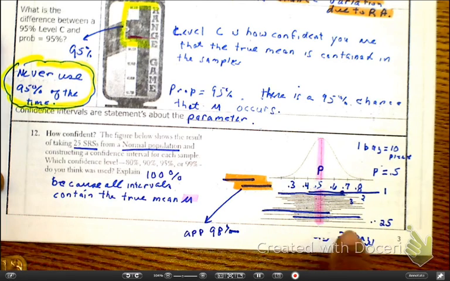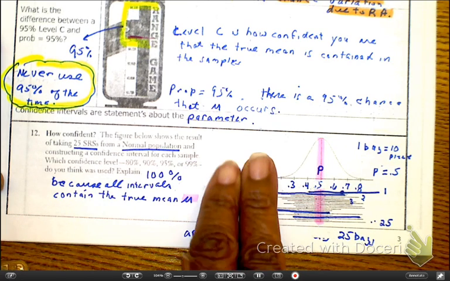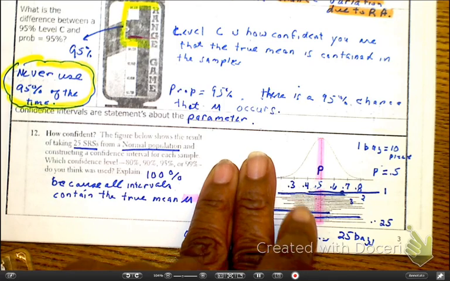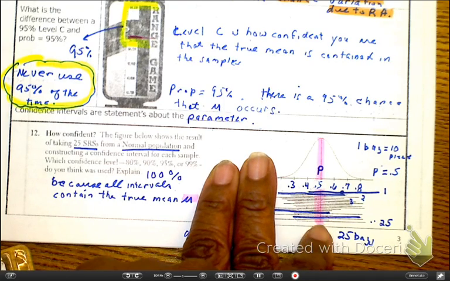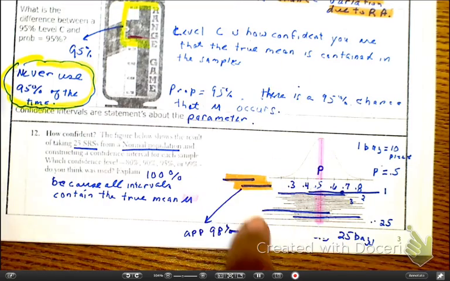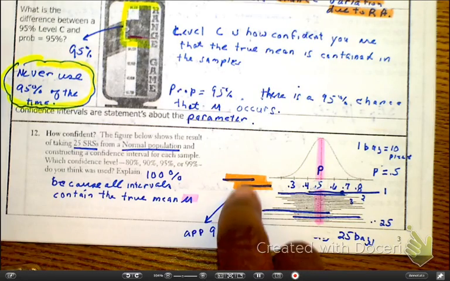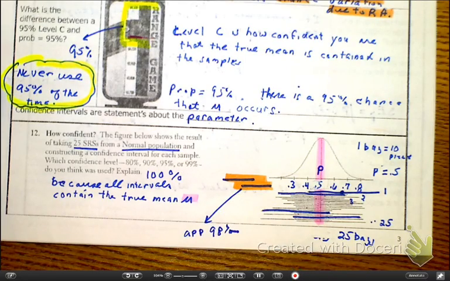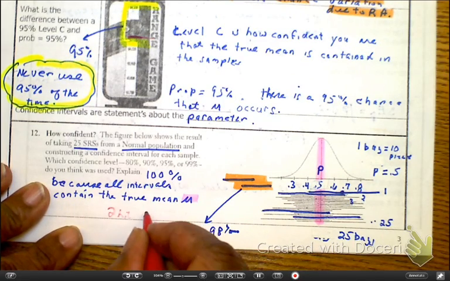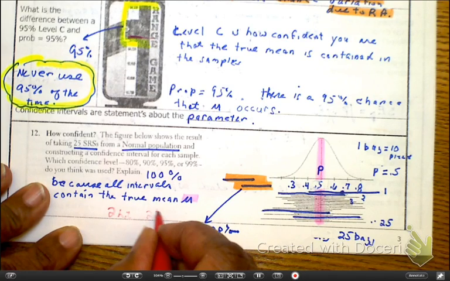As we have done this today, working with that applet, based on the picture that you guys have, 100% of those 25 samples contain that true mean proportion. But if I had 2 of them right here, what did they say with the applet that we were doing? That it's 2 hits and 20 out of 25.